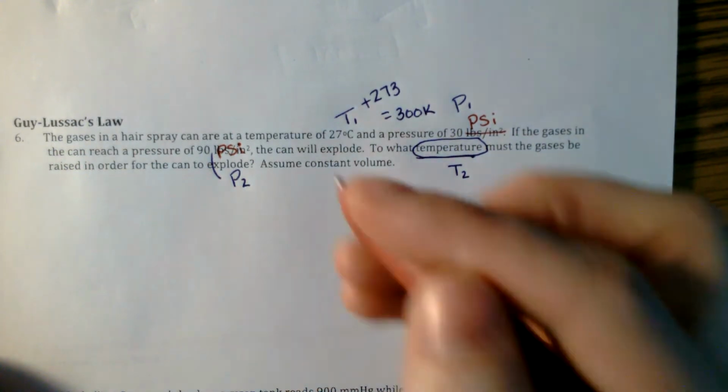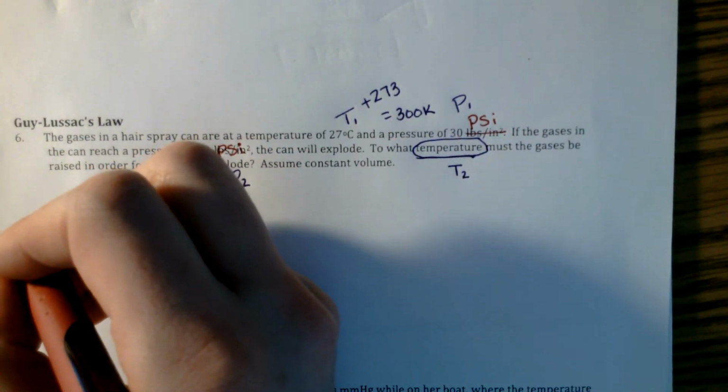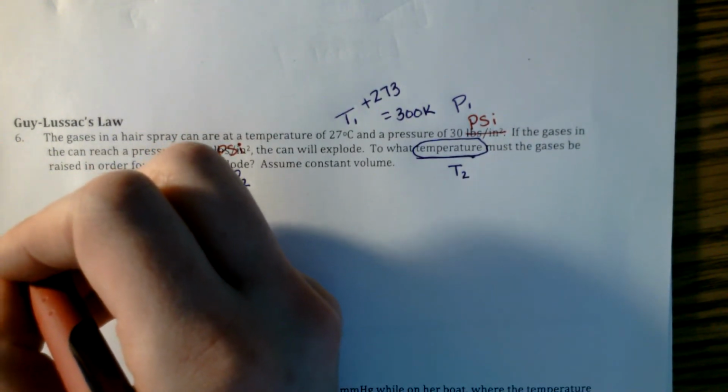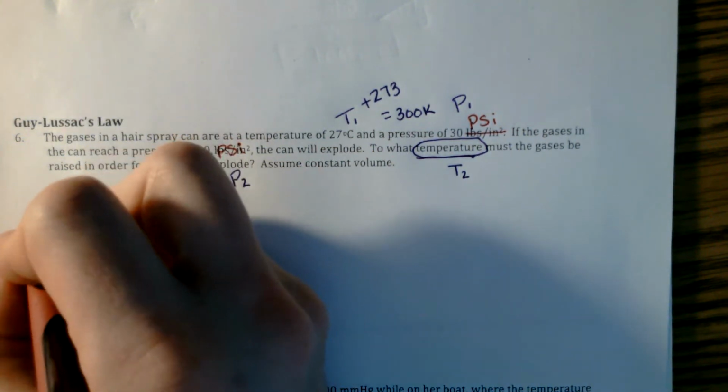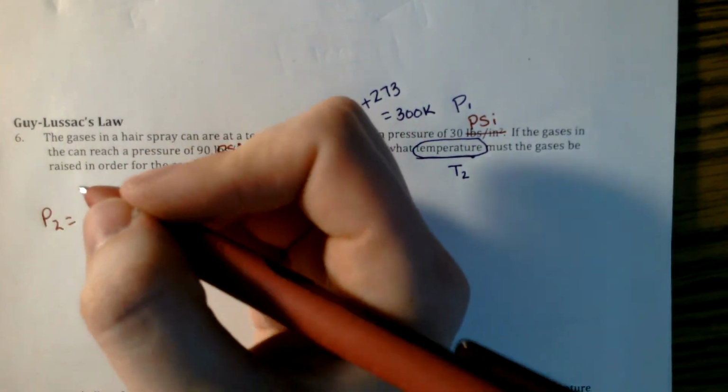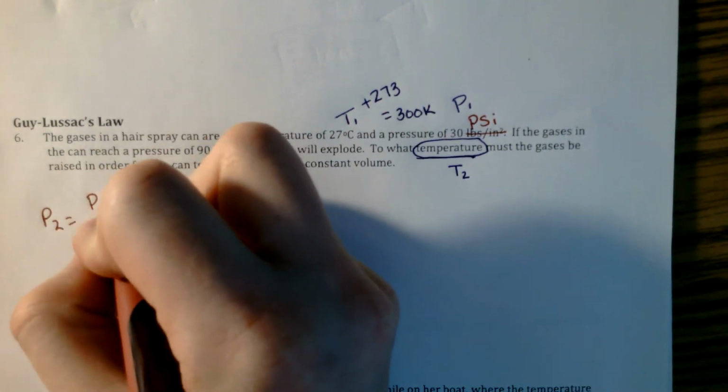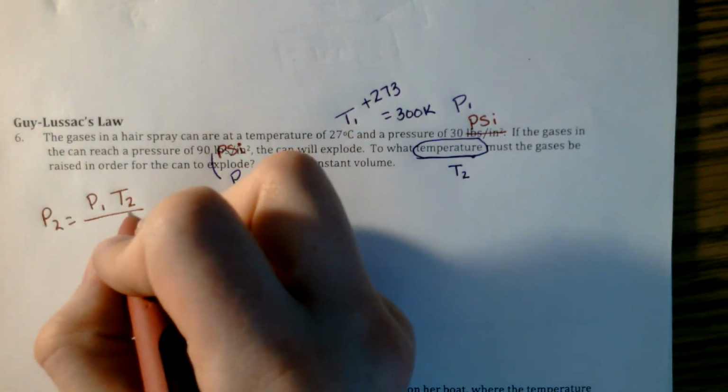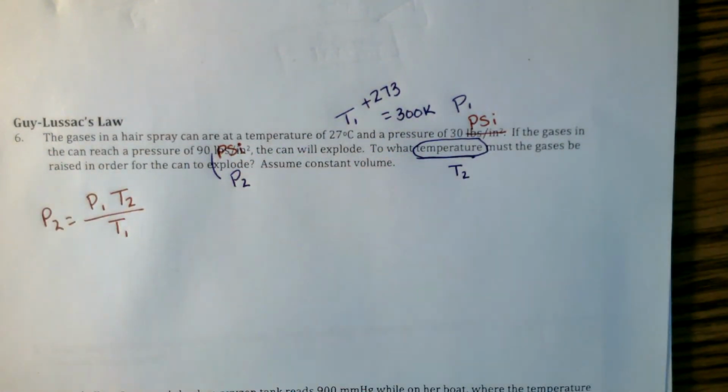The formula that we're going to be using is P2 equals P1 times T2 over T1. Now that we have our formula and everything situated, we can plug and chug.